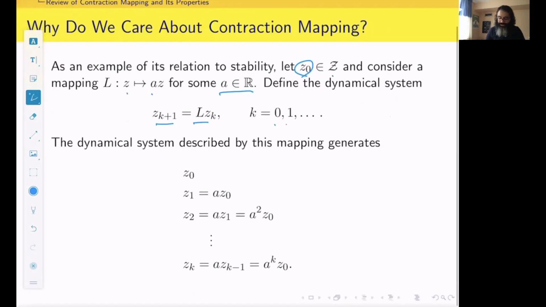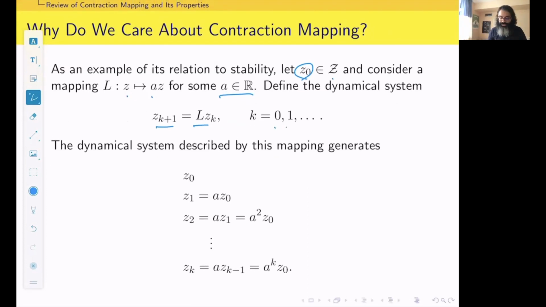So what would be the sequence? I'm just writing it. We start from Z0. We get Z1 equal to AZ0. Z2 is equal to AZ1, which is A squared Z0. If I do it many, many times, in general, I get for ZK, it would be A times Z of K minus 1, which is equal to A to the power of K times Z0.